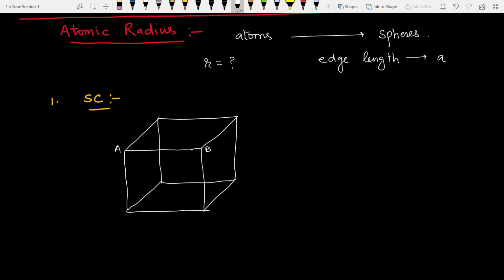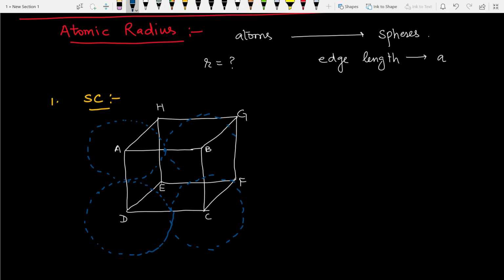A, B, C, D, it is a front face, and we will depict the atoms at these faces by blue color spheres. This is the atom present at point A, this is at D, this is at C, this is at B.